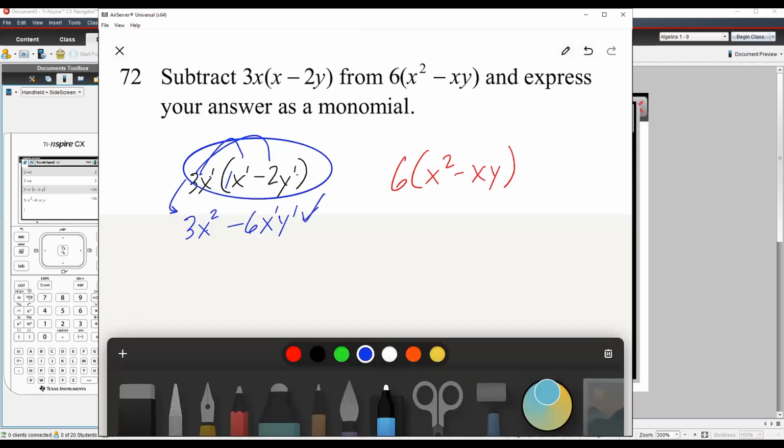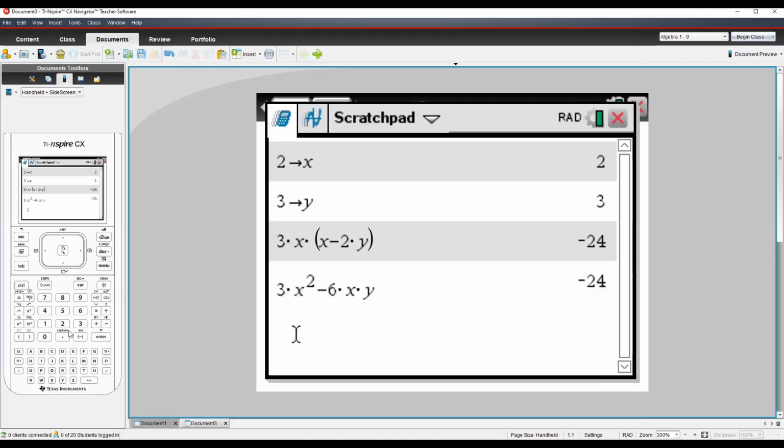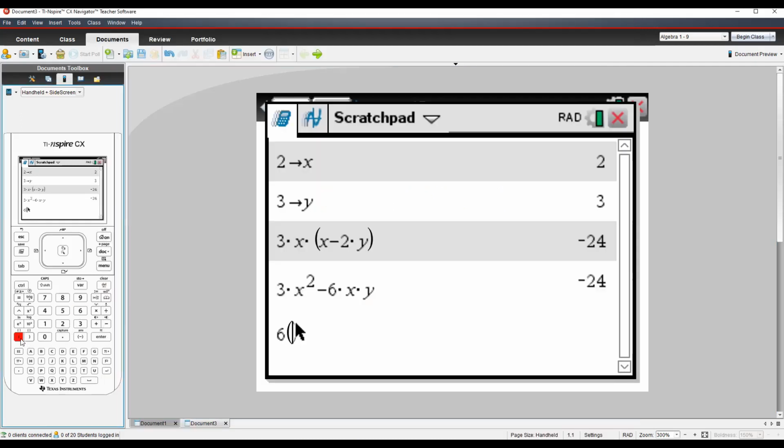Now I'm going to distribute these two. So this is going to be 6 times 1, so this is going to be 6x squared. And this is going to be 6 times the -1, so it's going to be -6xy. So again, I could do the same thing. In fact, let's do that. I'm going to go 6 times parentheses x squared minus x times y.